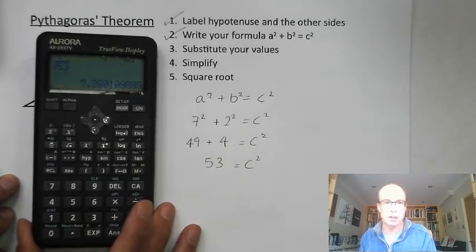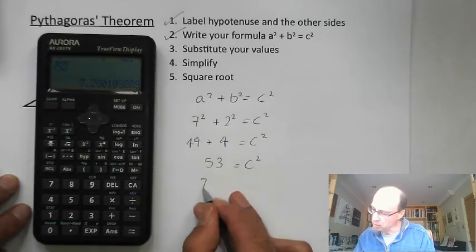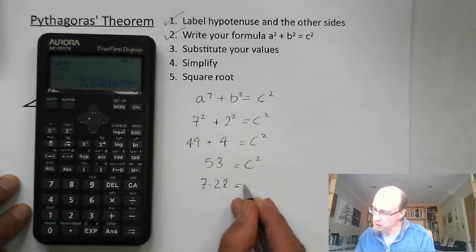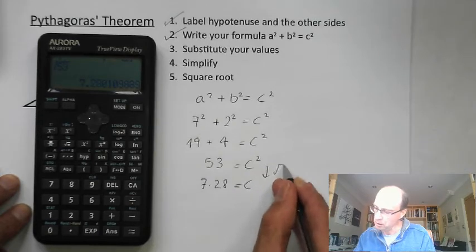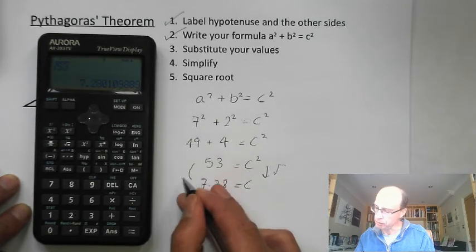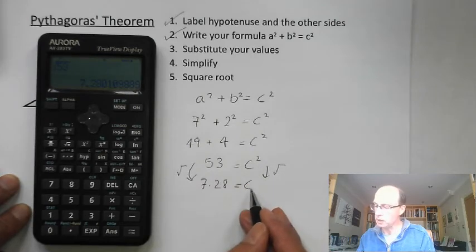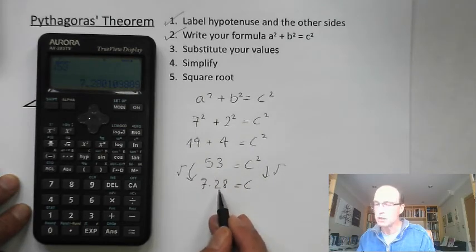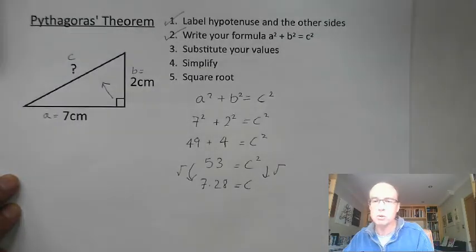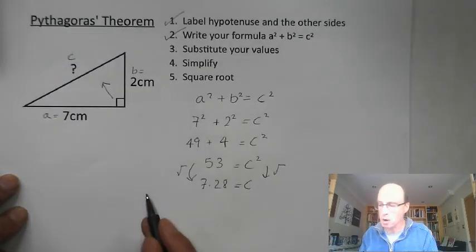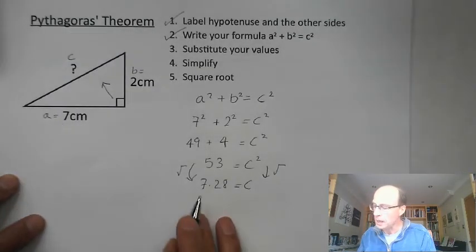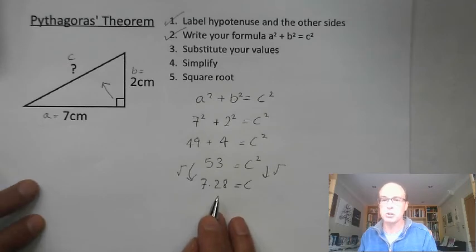Just make sure you can see that. So 7.28 is equal to C, so we've done the square root of both of those numbers. So square root of C squared is C, square root of 53, 7.28 to 2 decimal places. Sometimes the question will tell you the level of accuracy that it wants. This one hasn't. If in doubt, 2 decimal places is usually a good option.